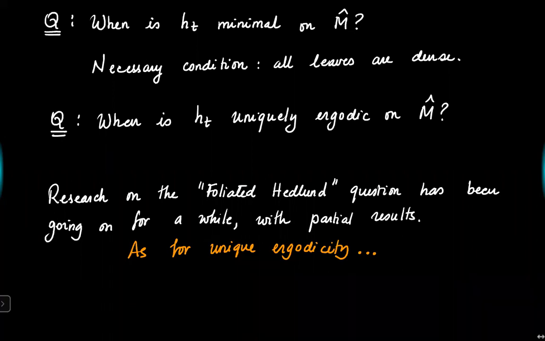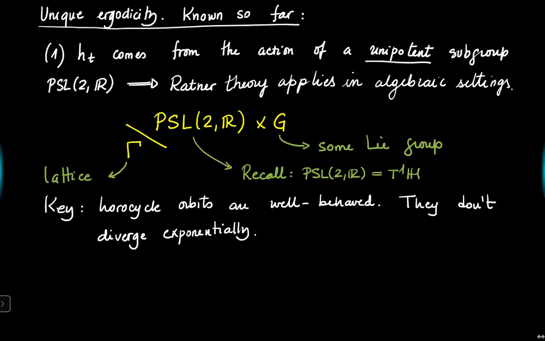But well, there are partial results. But today I'll be speaking about unique ergodicity. So what do we know about unique ergodicity of the foliated horocycle flow? So there are basically two results as far as I know.